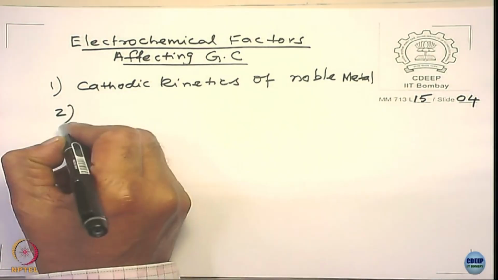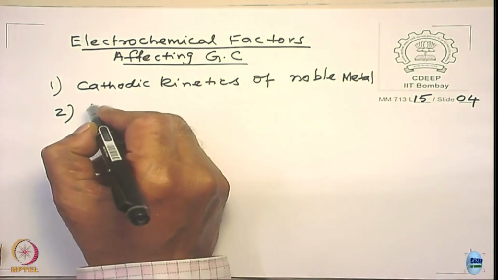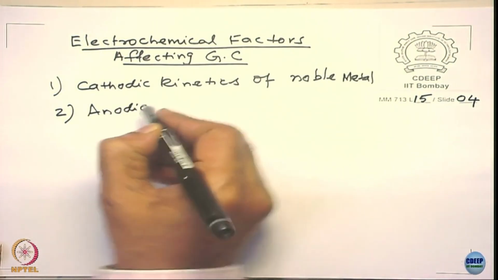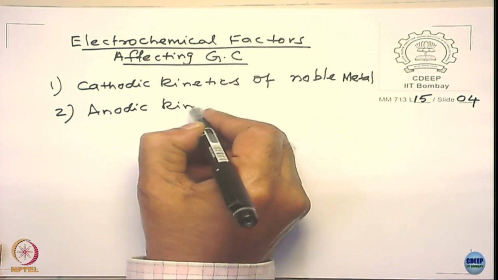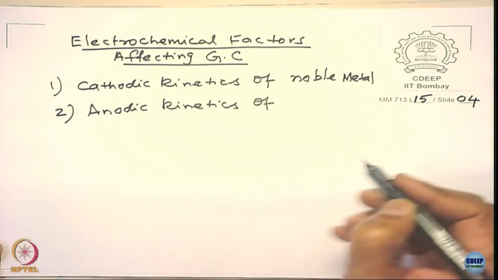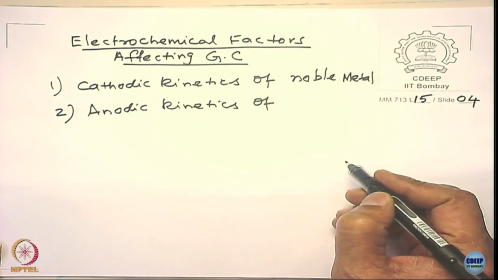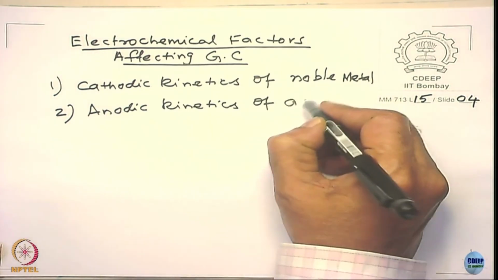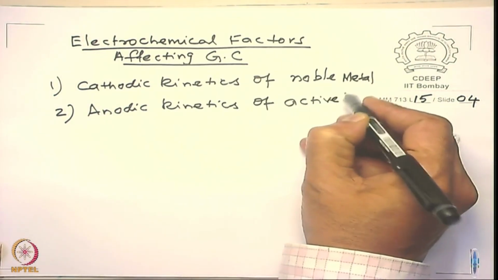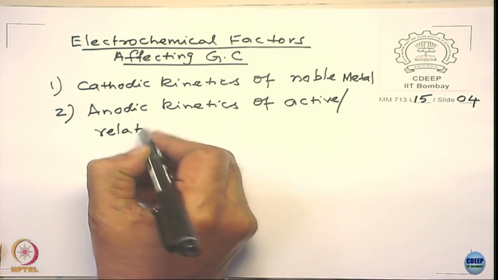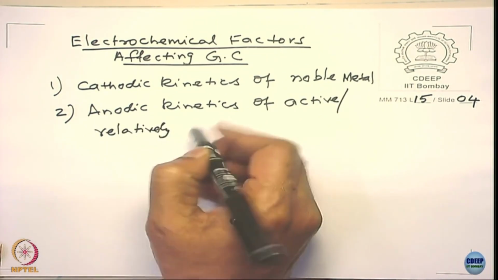Two, the anodic kinetics of which of the two? I would put it as the active metal, or I call it the relatively active metal.